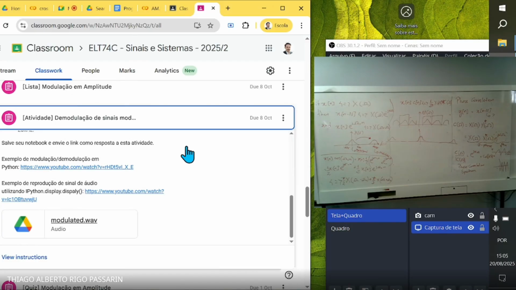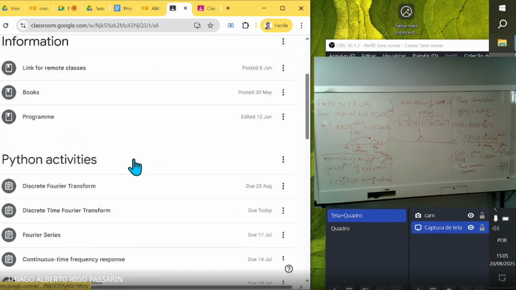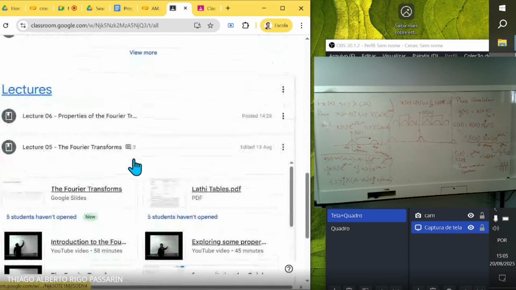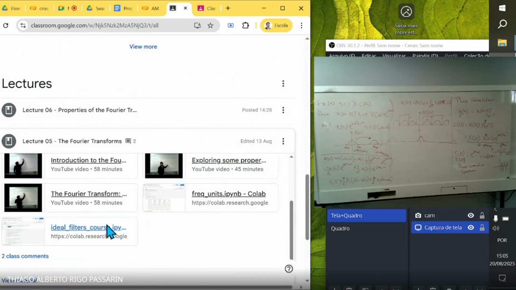You can use, as an example of how to read a wave file, how to play it, and so on, this code from last class, ideal filters.